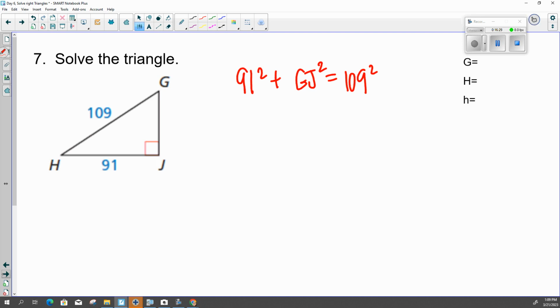So be careful making sure that this is your hypotenuse. It should be the biggest side. And there is a subtraction part to this. So work through this on your own. I'll work through it on the board.